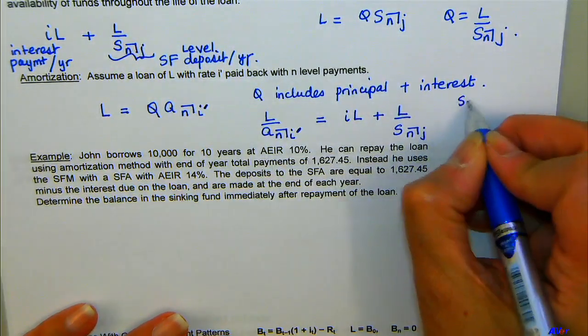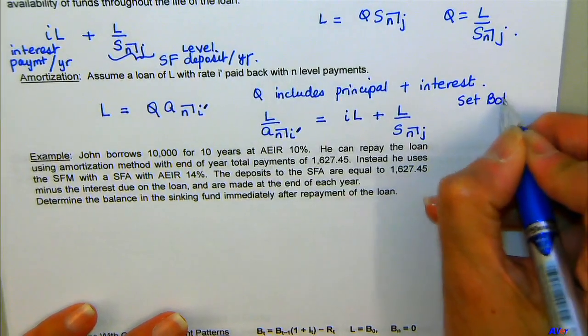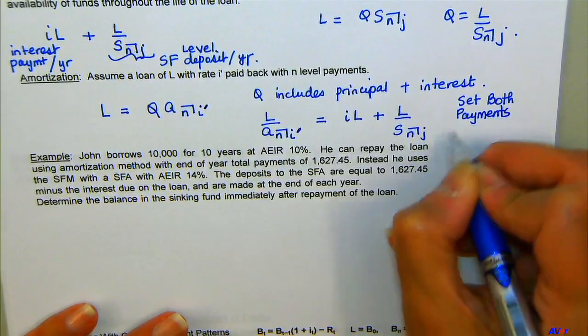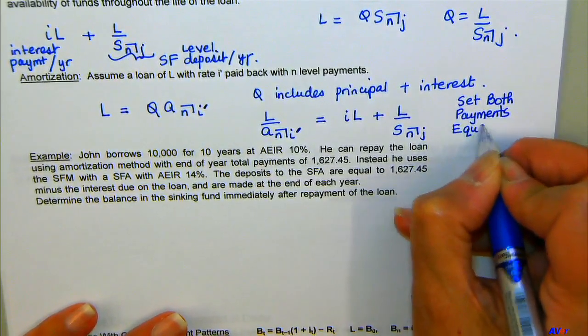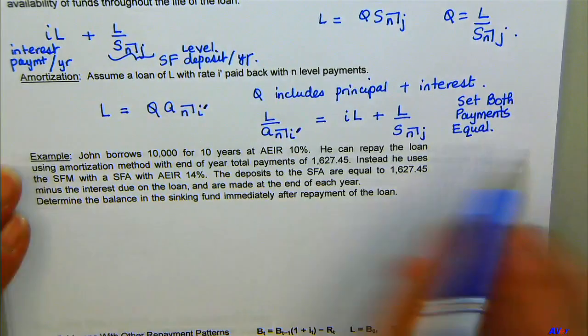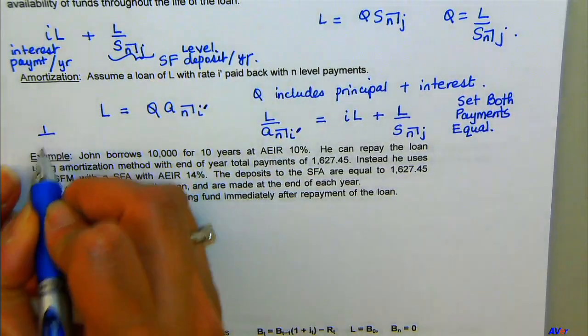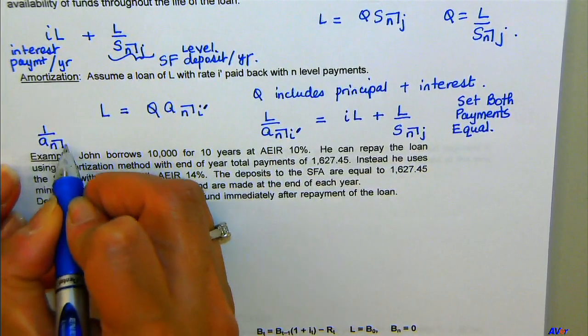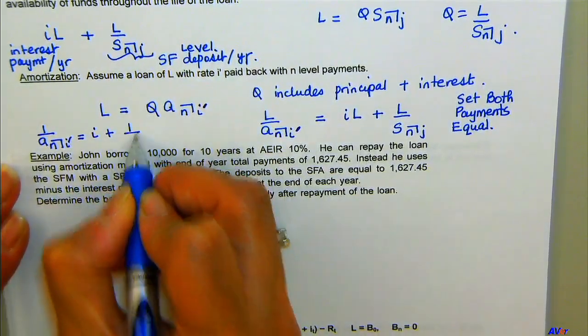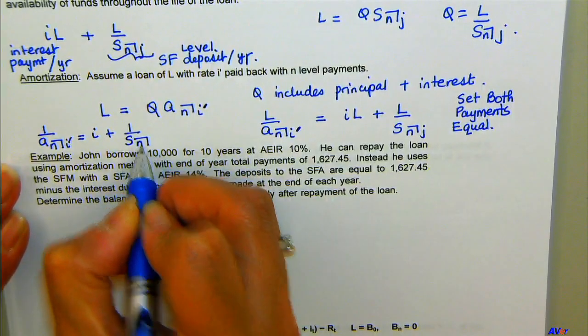So set both payments equal. Divide by L. So you get 1 over A angle NI prime is equal to I plus 1 over S angle NJ.